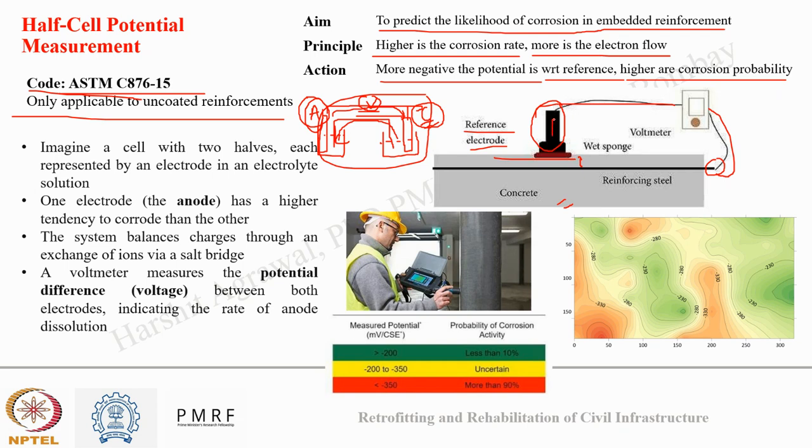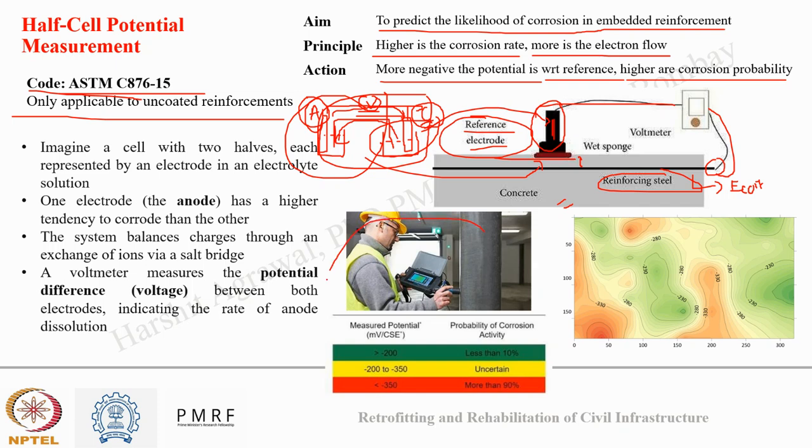There is copper sulfate here also. So this anodic circuit that we talked about is inside here, and we are connecting it with a voltmeter, so we can record the potential difference between the reference electrode and the reinforcement steel, and this potential difference will give me the corrosion potential of my reinforcement, which will help me predict the probability of corrosion inside the reinforcement.